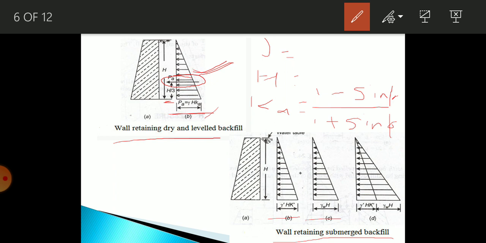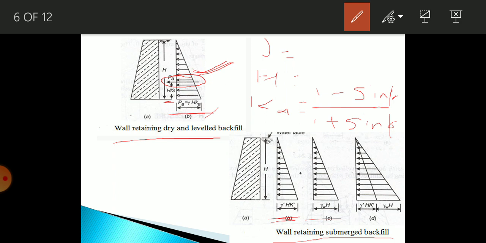This is due to soil, and the base of that will be equal to Ka gamma into H. And this Ka will again be 1 minus sin phi upon 1 plus sin phi. Gamma means the unit weight of soil, and H means the height of backfill.